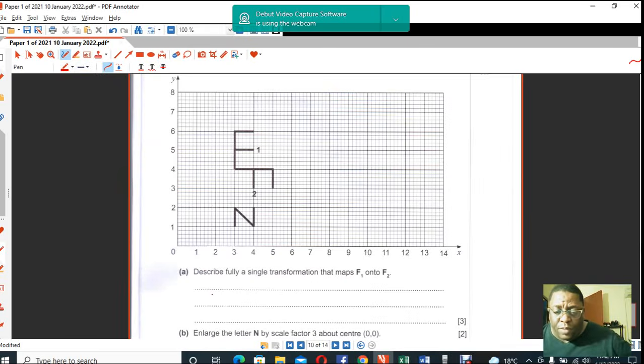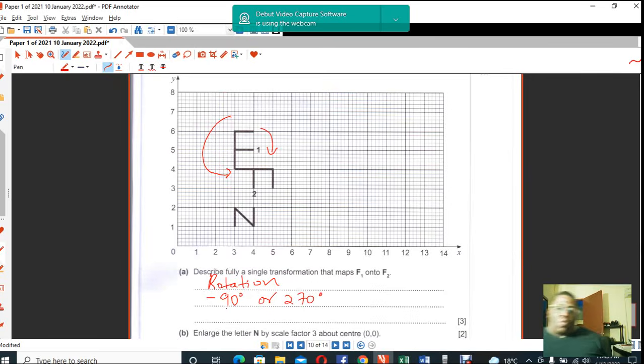So it's going to be a rotation, because for me now it's rotating in this direction. If I do that, that will be 90 degrees clockwise, which is written minus 90, or if it goes the other way around all the way until it gets to that, that will be 270 degrees anti-clockwise.